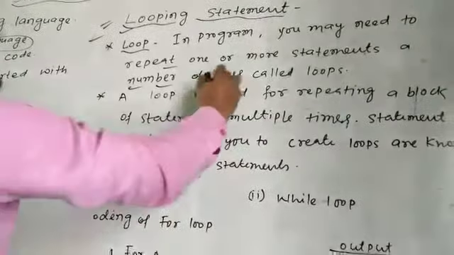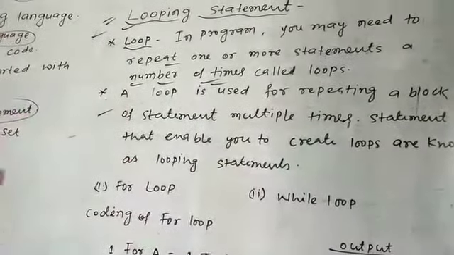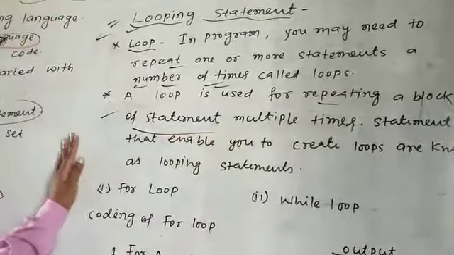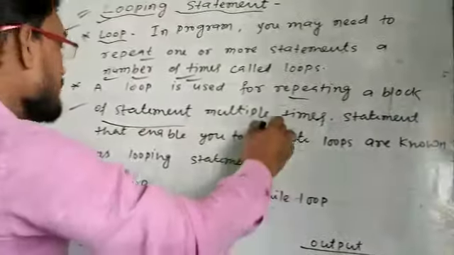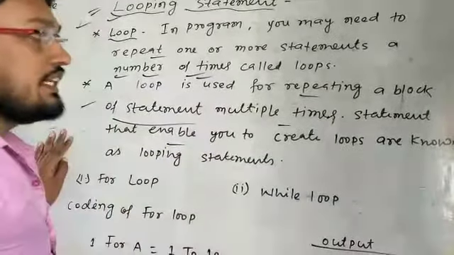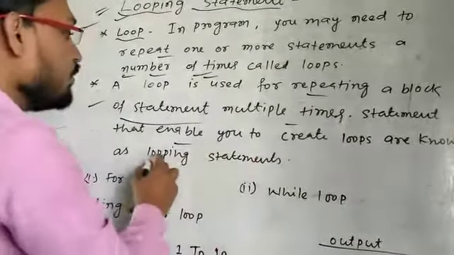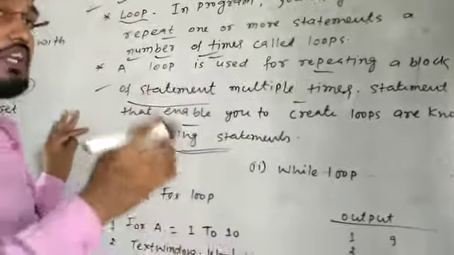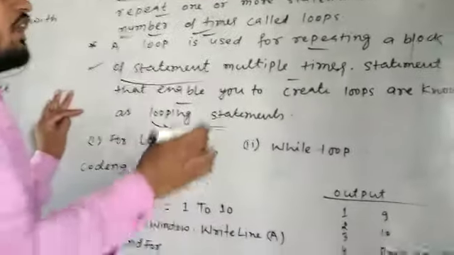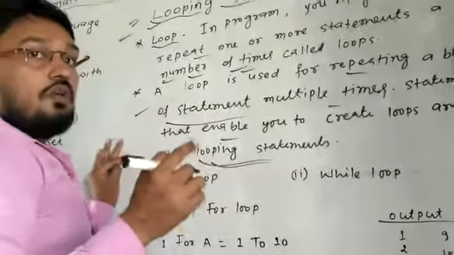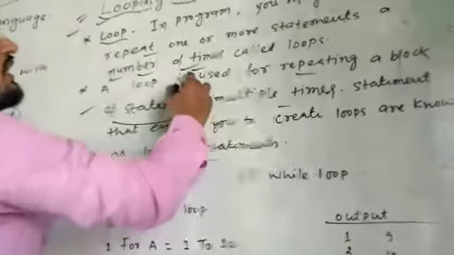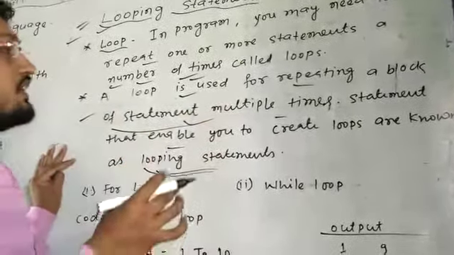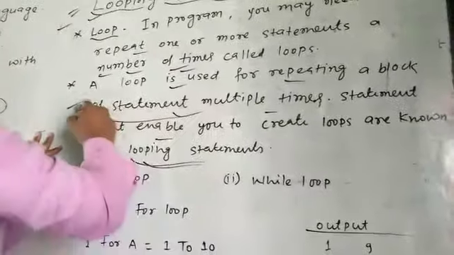It is called a loop. A loop is used for repeating a block of statements multiple times. Statements that enable you to create loops are known as looping statements. It means if you want to print a result multiple times in one go, it is done with a looping statement.